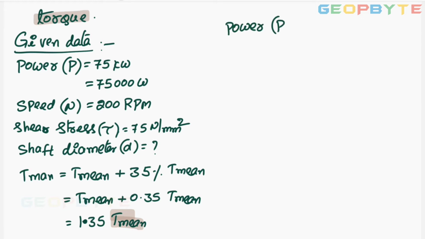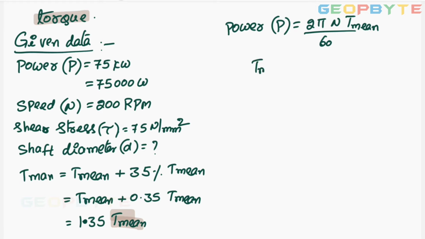Power P equal to 2 pi n T by 60. Remember, this torque should be specifically the mean torque. That mean torque is not written for the previous case because this condition was not given for the previous case.